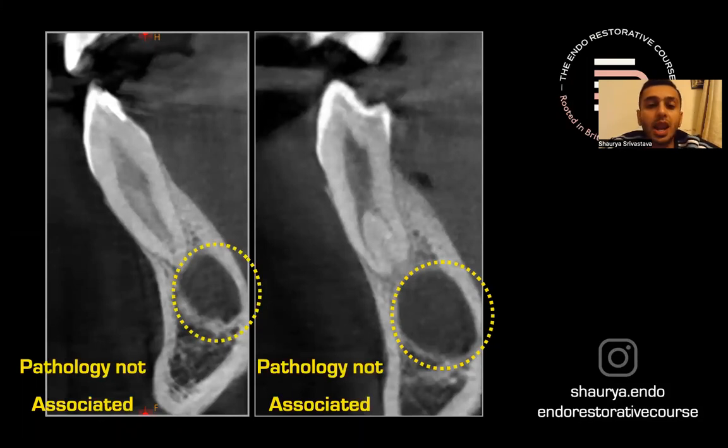So this tooth never needed to be intervened with endodontics or endodontic therapy. It just required surgical excision probably. So history of trauma, some form of cyst, maybe, we don't know unless we send for biopsy. But the dentist initiated treatment just looking at the DPT or OPG and not looking at the scan well enough.